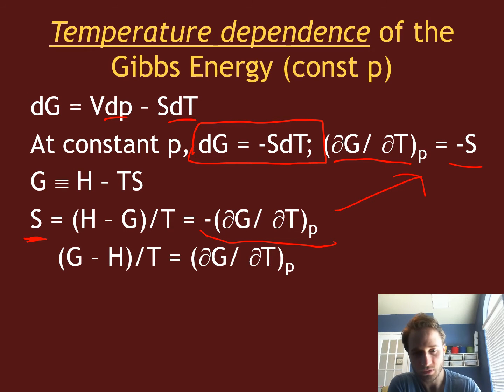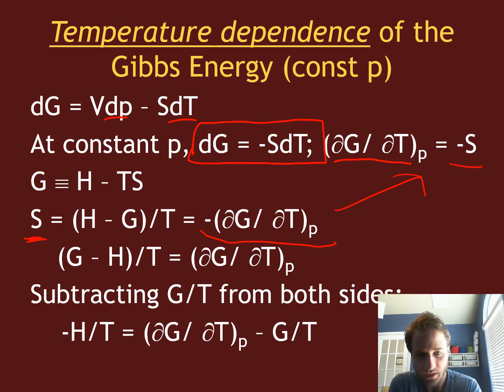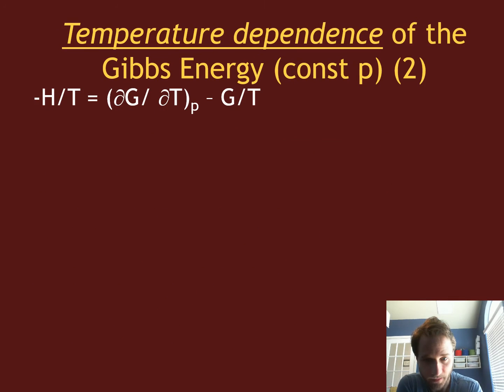Just rewriting that equation, multiplying through by the minus signs, you get (G minus H) divided by temperature equals dG/dT. If we subtract G divided by T from both sides, you will have negative H divided by T equals dG/dT minus G/T. So far, this equation doesn't really look like much.